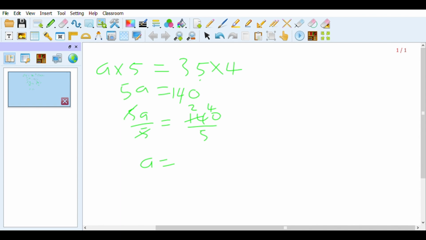Move the 4 to 0, we have 40. If 40 is divided by 5, we know that 5 times 8 is 40, so we are going to have 8. So here a is equal to 28. Okay.